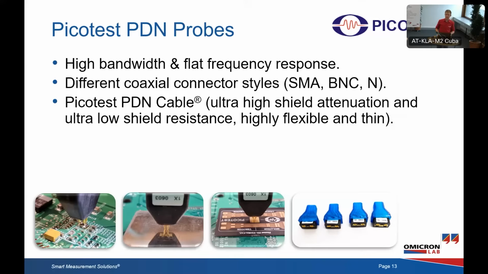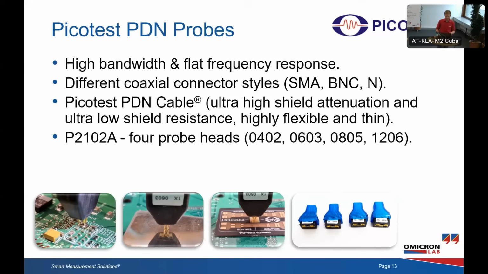They feature a Picotest PDN cable that has an ultra-high shield attenuation and a very low shield resistance. It is flexible and thin, so it's easy to move around. You can bend it easily. It's not stiff at all. That's really nice when moving the probe.